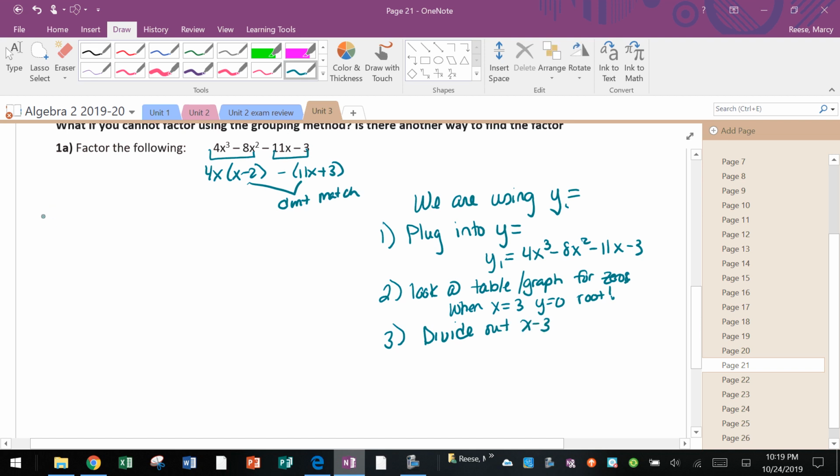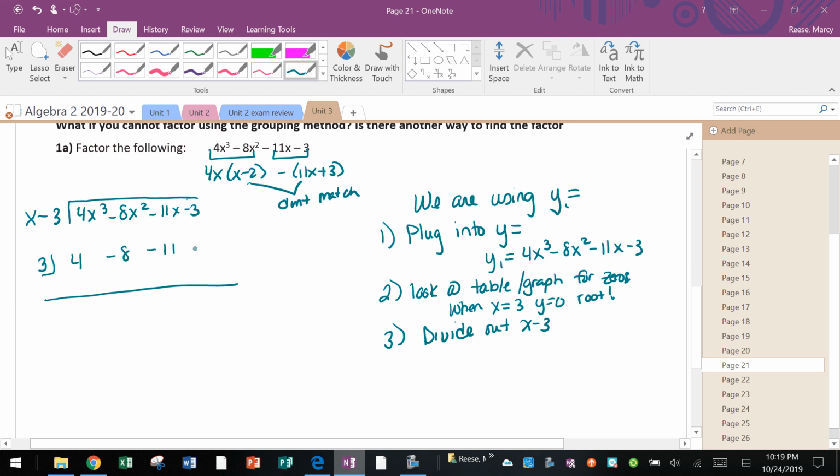I would take this 4x cubed minus 8x squared minus 11x minus 3, and I would divide that by x minus 3. Now, I don't want to do all that piece, right? It's long division. So we're going to do synthetic. Remember, that's that shortcut. So remember that the root, so if x minus 3 is the factor, the root goes up on the little shelf.